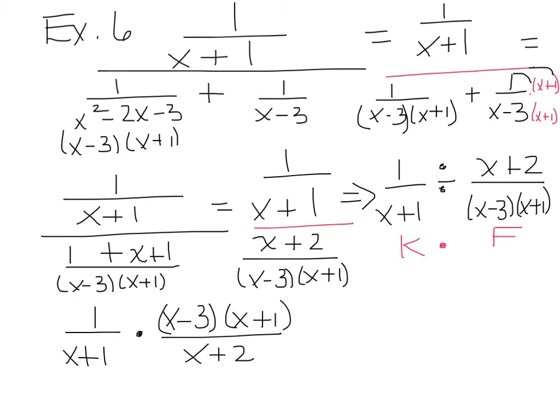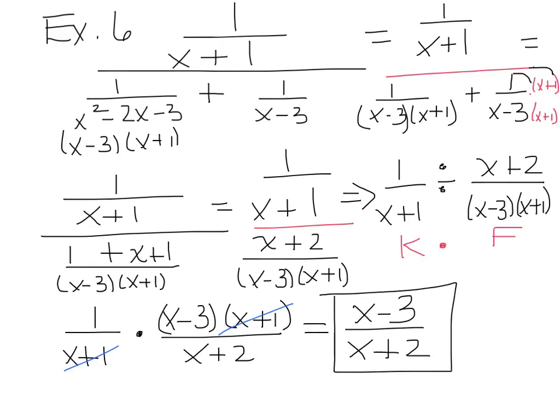And once I get here, I cancel out or divide anything that I can. So I'm left with x minus 3 over x plus 2.